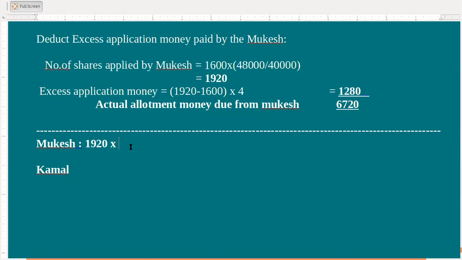He already paid application money, right? Mukesh paid application money only. So we can calculate like this. 1920, please calculate that one.